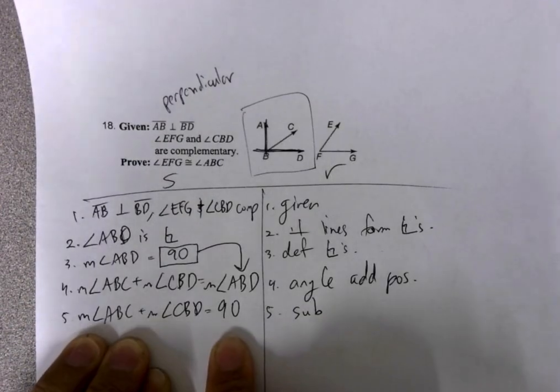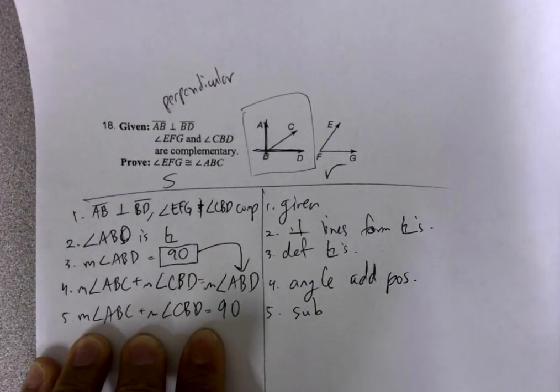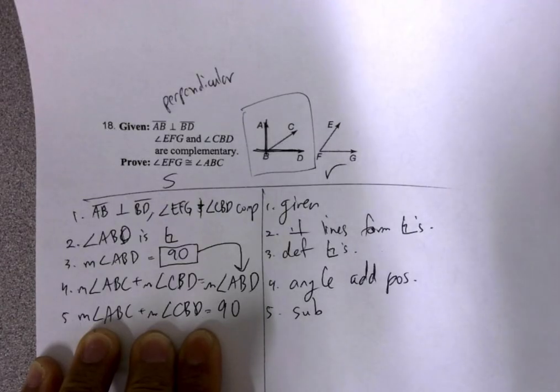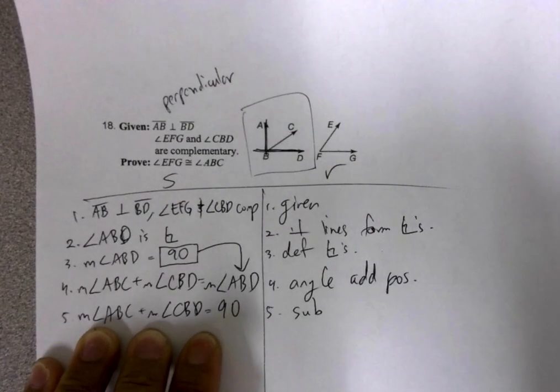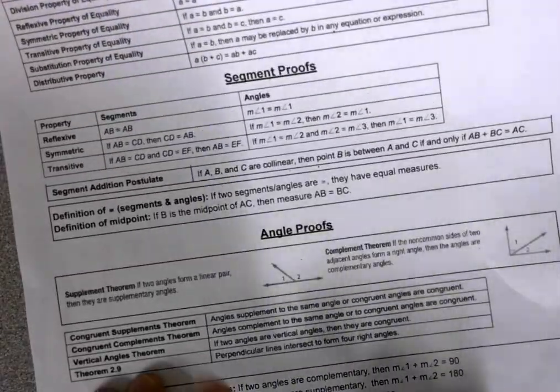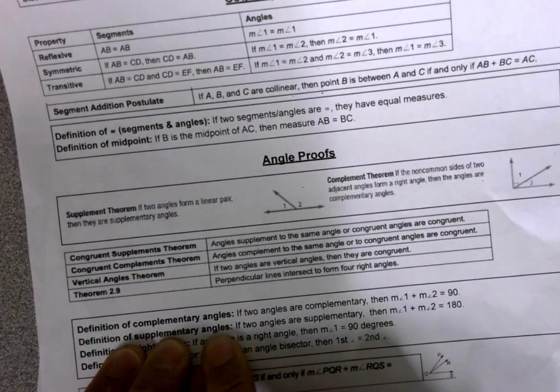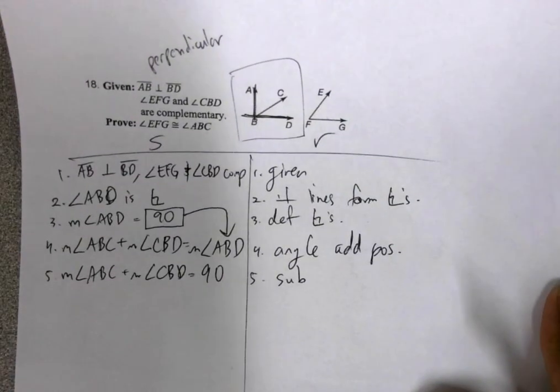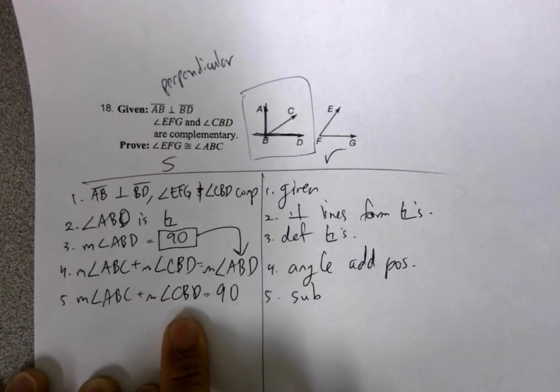Now if you look at this equation, it clearly corresponds to the definition of complementary angles. What is the definition of complementary angles? Measure angle 1 plus measure angle 2 is equal to 90. So that's exactly what we have over here: the first angle plus the second angle measure is equal to 90.